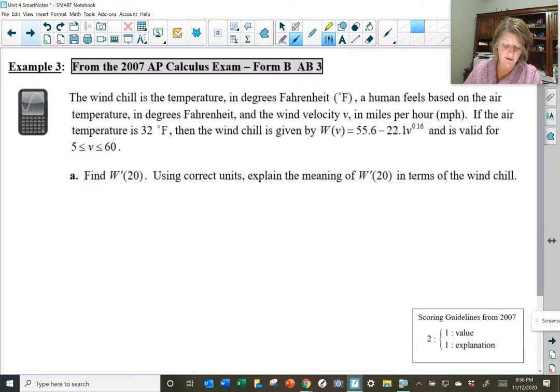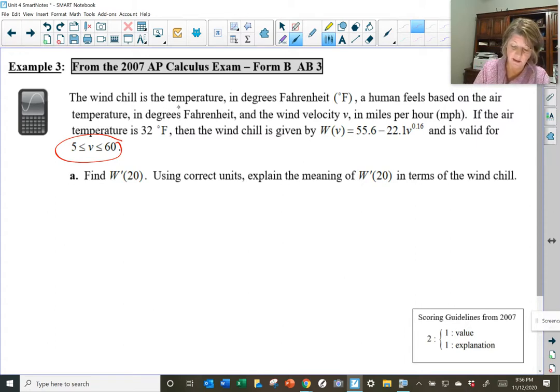If the air temperature is 32 degrees, then the wind chill is given by W of V equals negative 55.6 minus 22.1 V, which is the velocity of the wind, raised to the 0.16, and is valid for a velocity that sits between 5 and 60. Find W prime of 20. Using correct units, explain the meaning of W prime of 20.